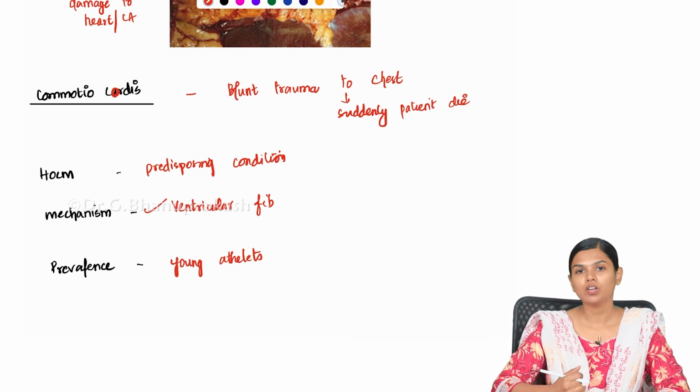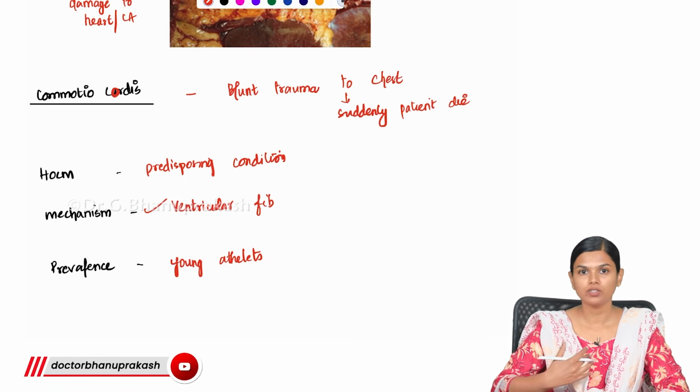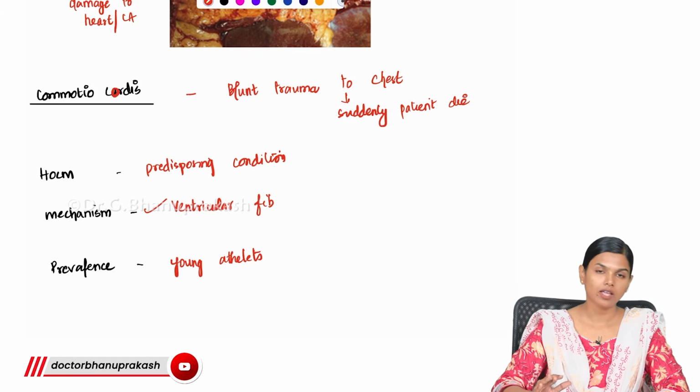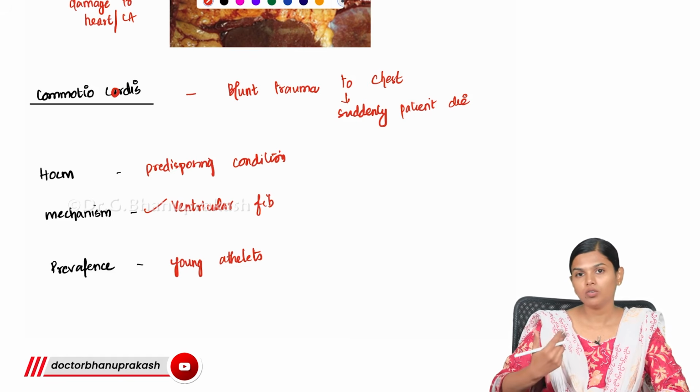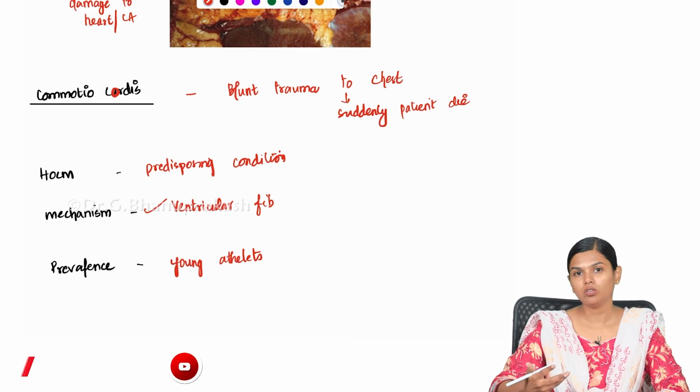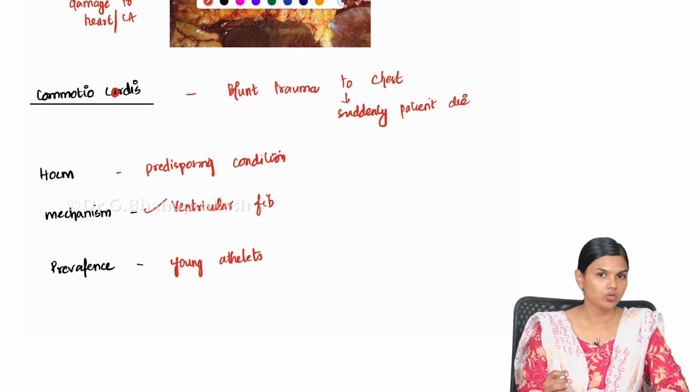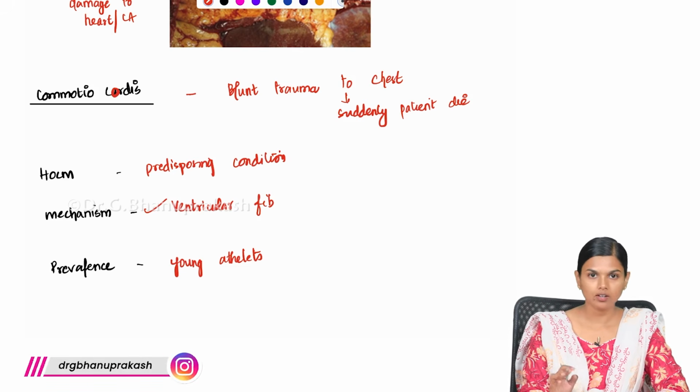They will give the history that he was playing very happily, all of a sudden something hit him and he just collapsed and we found him dead. If you find out further, you will get to know that they might be suffering from HOCM. So HOCM is a very important predisposing factor. Sometimes you won't be able to see any predisposing condition, but still they will be suffering from Commotio Cordis.